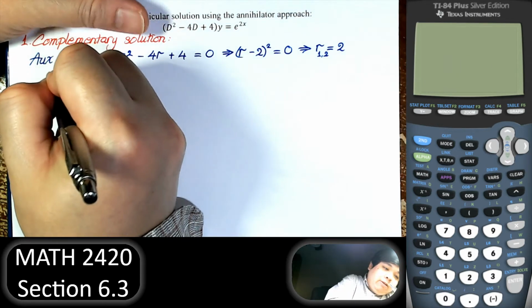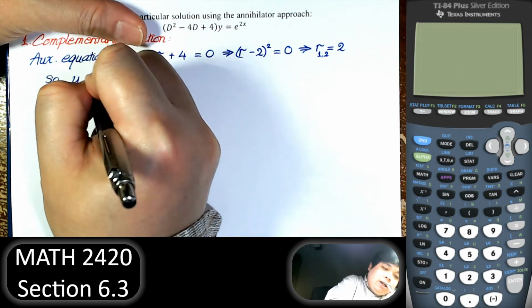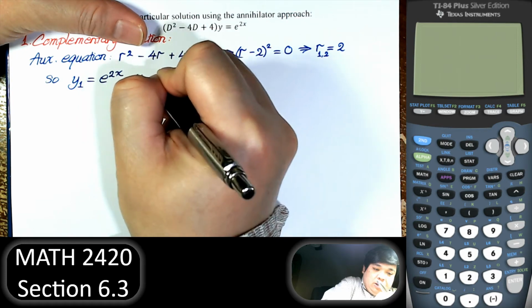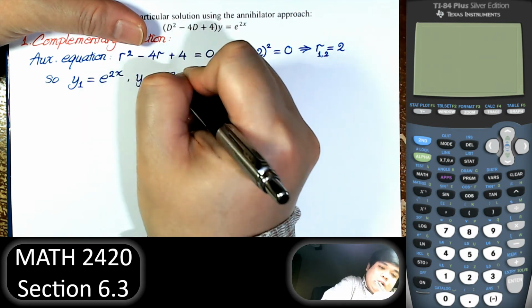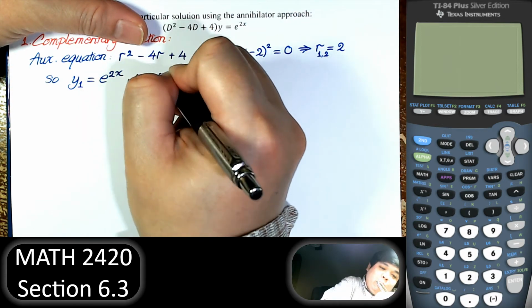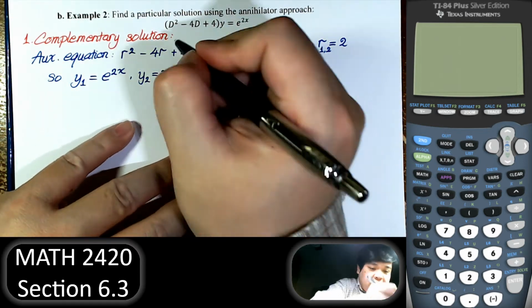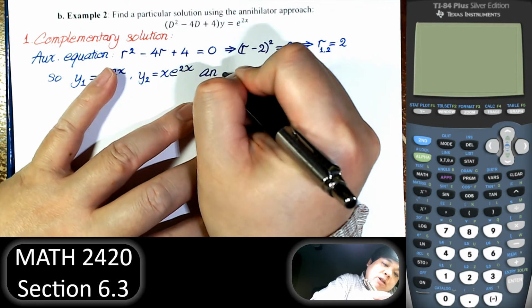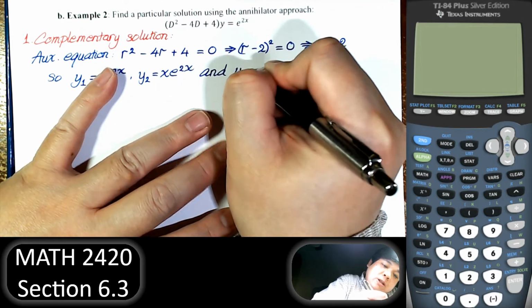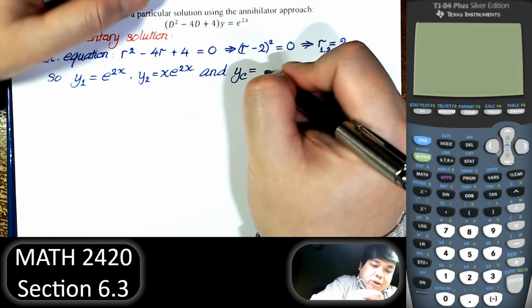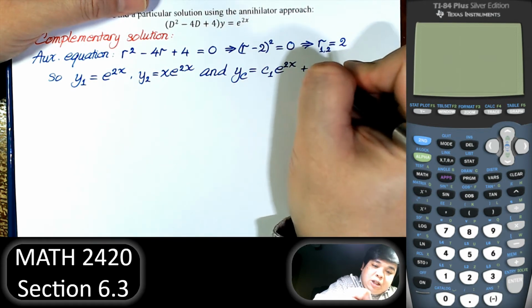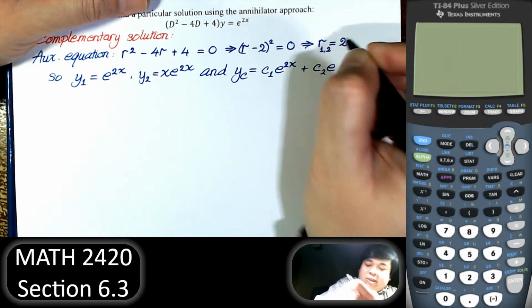So we have y1 is e to the 2x, y2 is x e to the 2x. We need an x for linear independence because of the repeated root, and the complementary solution will be c1 y1 plus c2 y2. Forgot the x.